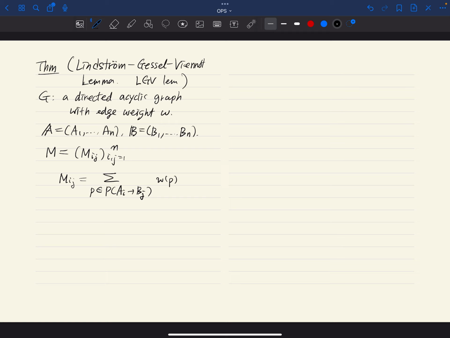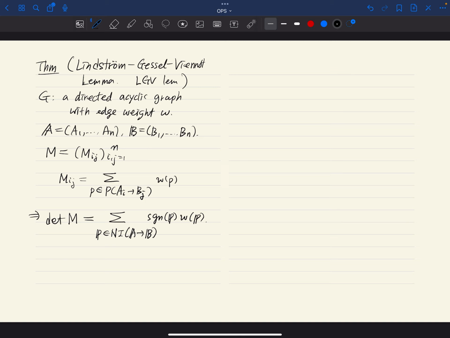So each entry represents all the paths from Ai to Bj. The statement is about the determinant of this matrix: the determinant equals the sum over all non-intersecting n-paths from the vertices A to the vertices B, of the sign of the n-path multiplied by its weight.